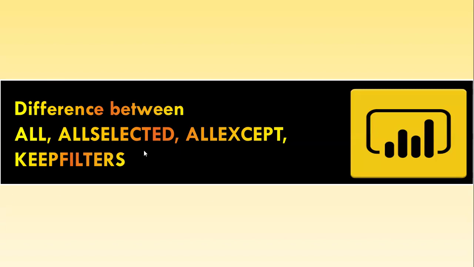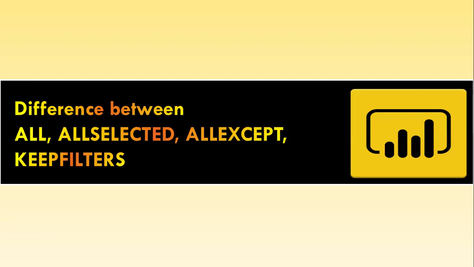Within Bangalore city, in the category furniture, how much sales we made. That is how KEEPFILTERS works. It preserves the existing filters while applying additional filters in the current context in DAX.